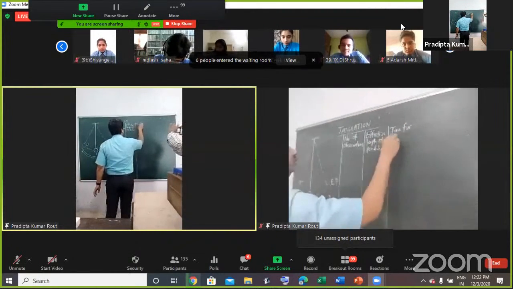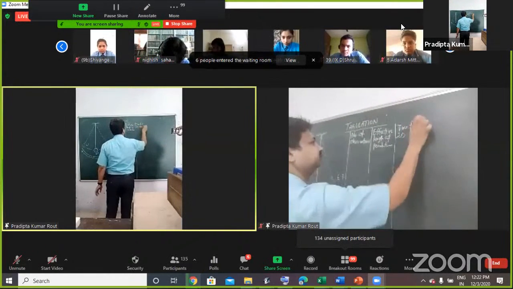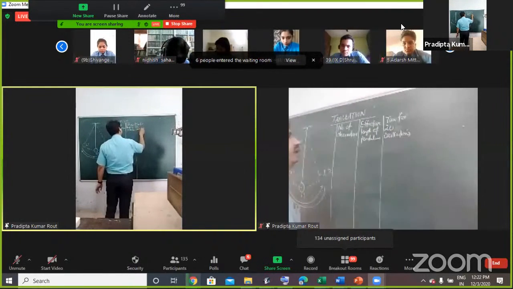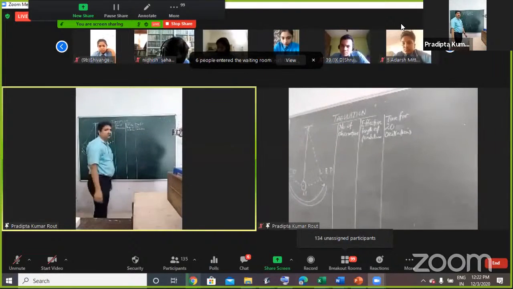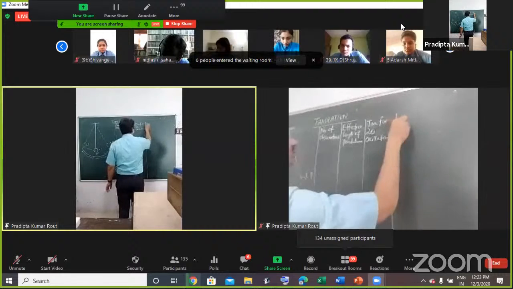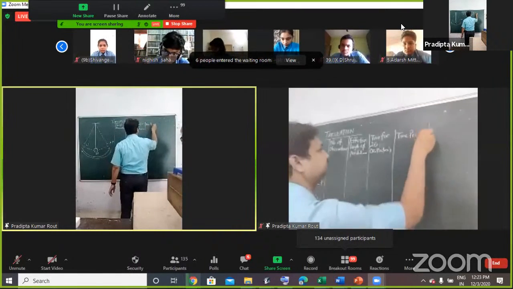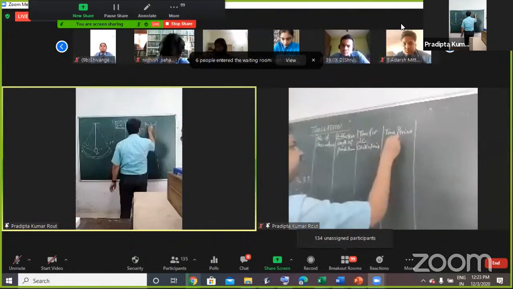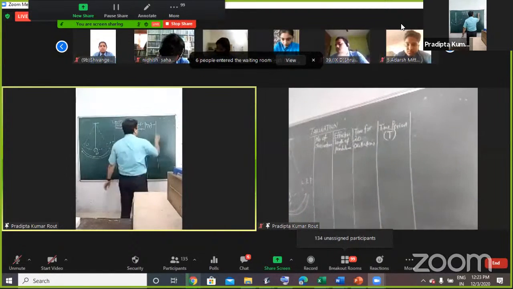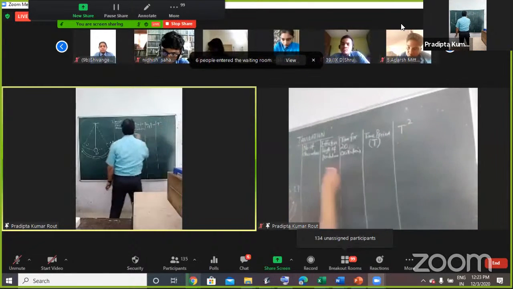Time for 20 oscillations. Then time for one oscillation, which is also known as time period. That is T. And after you find T, in the last column, you have to find the square of T. So this will be the last column.